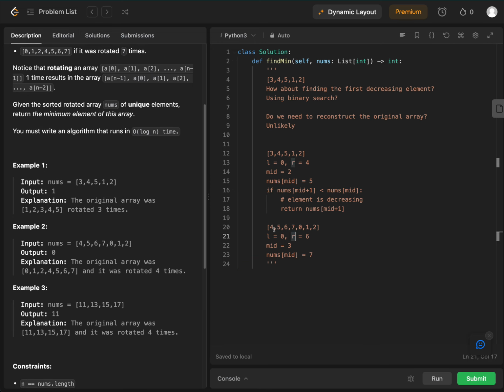So assuming we have this example here, mid is left plus right divided by 2, with a floor operator, floor division, so 2, right?